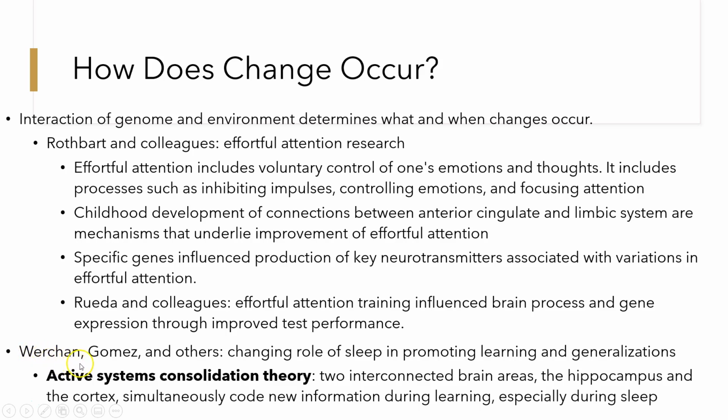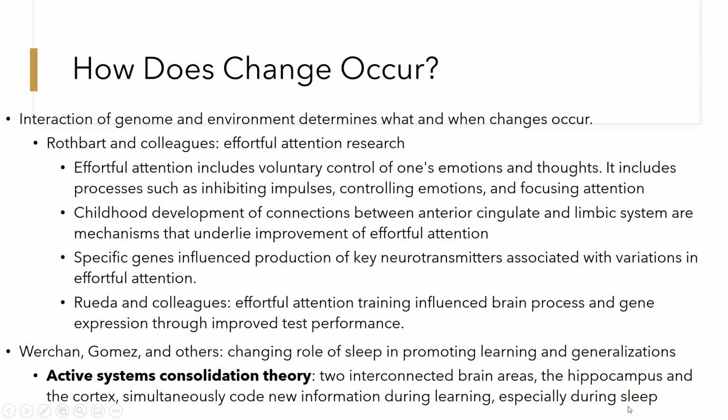Another study, Working, Gomez, and others, thought about the changing role of sleep in promoting learning and generalization. They studied the active systems consolidation theory and found that there are two interconnected brain areas, the hippocampus, which is important for memory, and the cortex, that simultaneously code new information during learning, and that this interconnectedness particularly works during sleep.